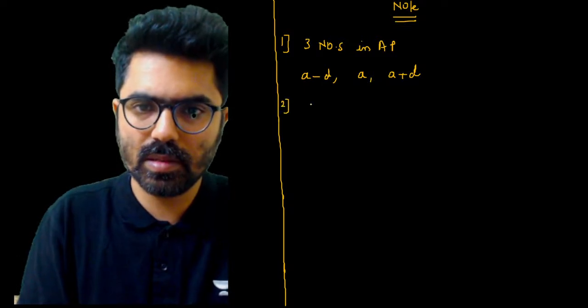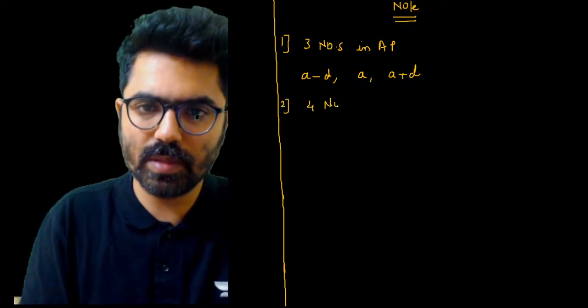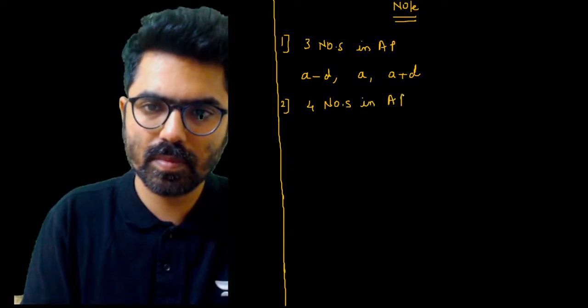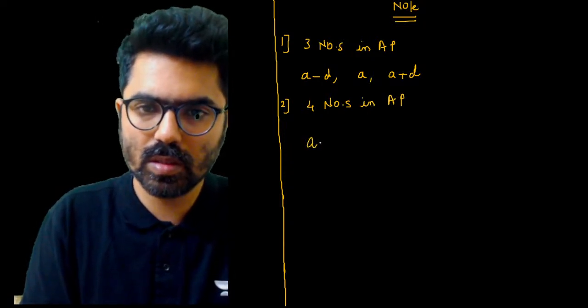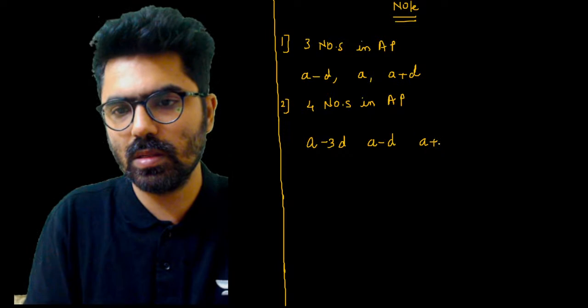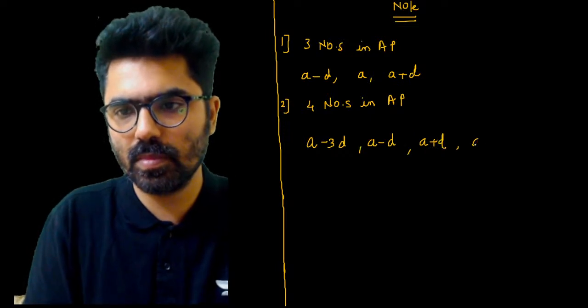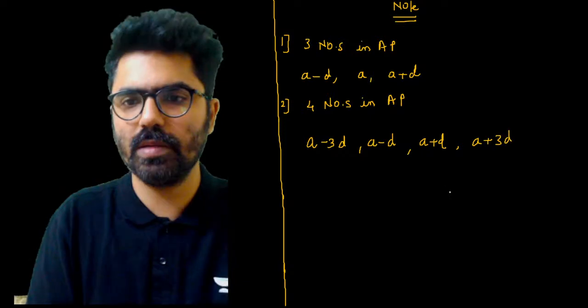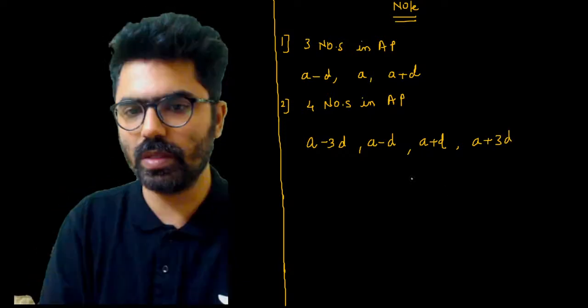If you have to assume 4 numbers in AP, then assume in this way: a minus 3d, a minus d, a plus d, and a plus 3d.